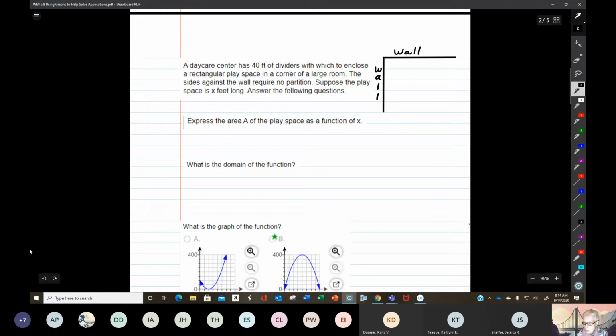Okay, these are the partitions. Now again, they're letting the length be X.